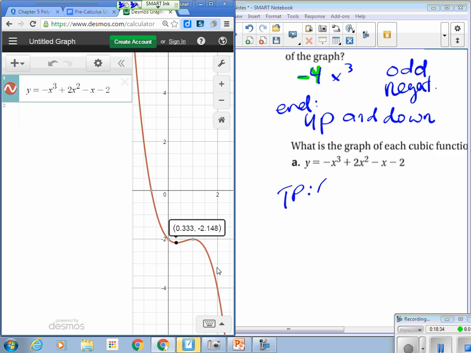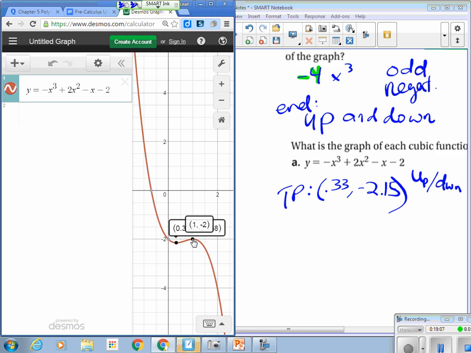We got a TP at 0.33, negative 2.15. Let's also remark that we are up, down. And we are decreasing when x is less than 0.333.